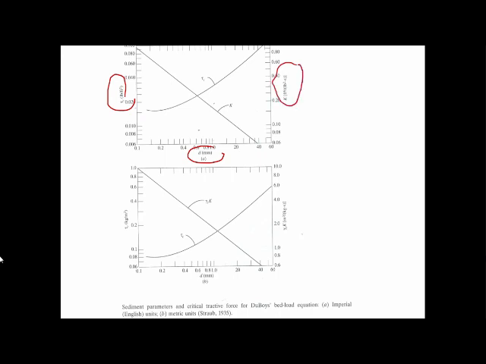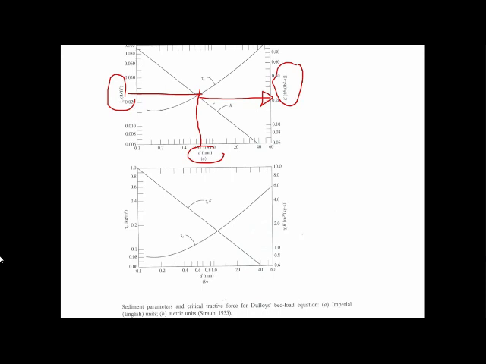So the K is here. You hit one of these lines, your critical shear stress and your particle diameter, and then hit this K line and go straight to the right, and you will find the K value, and then you can input it into this Du Bois equation.